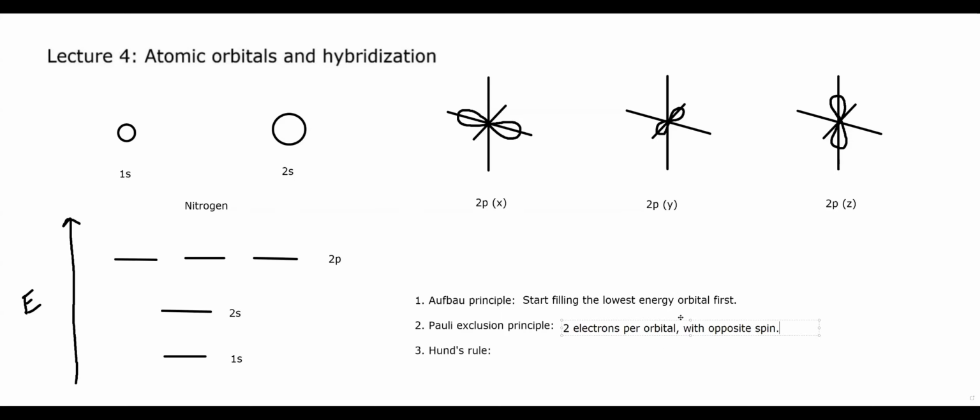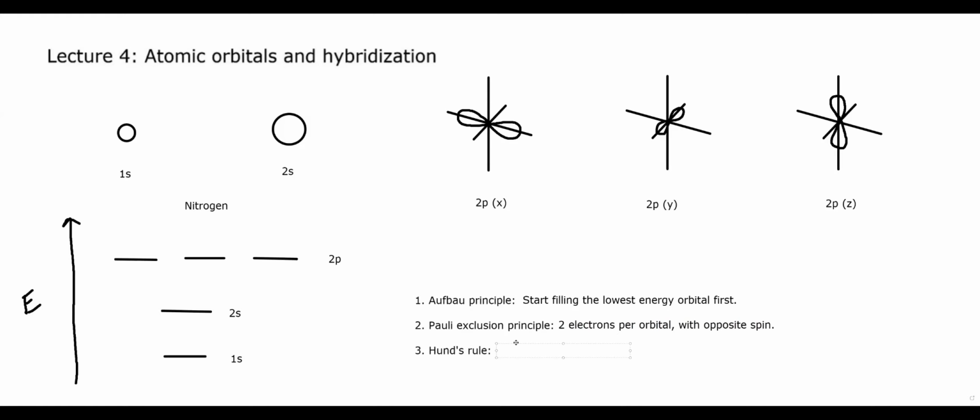Spin is something we don't really have to think about for this class, but you should just be aware of the fact that electrons, when they are paired up, like to have opposite spin. Okay, we don't have to go any further for this class. Okay, so Pauli exclusion principle means that we should have 2 electrons per orbital with opposite spin.